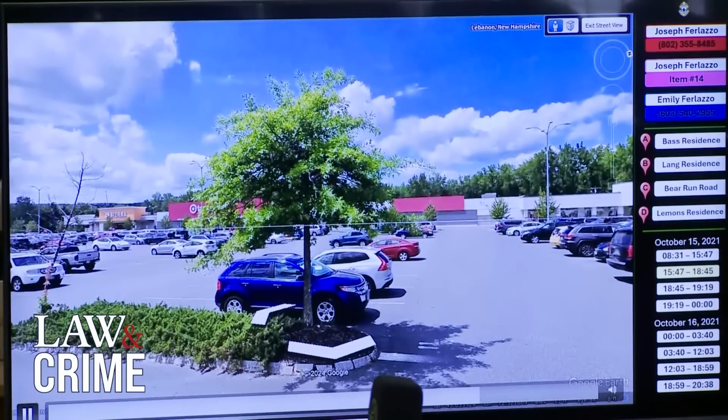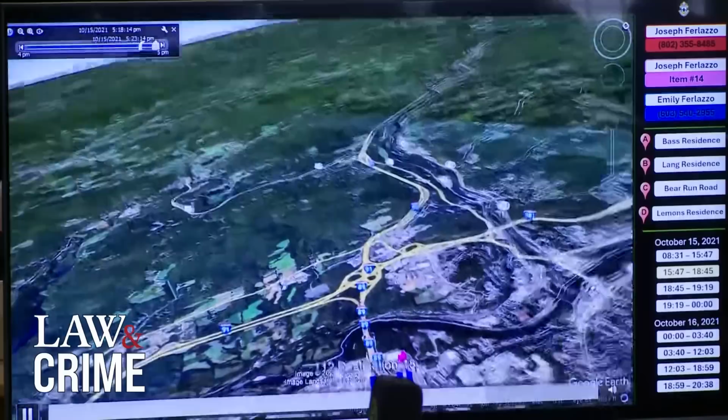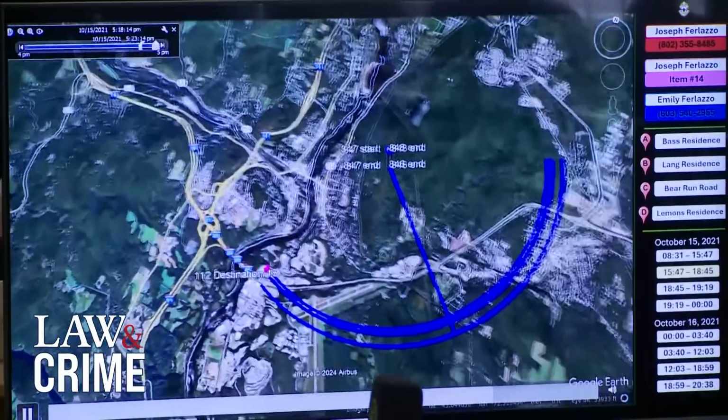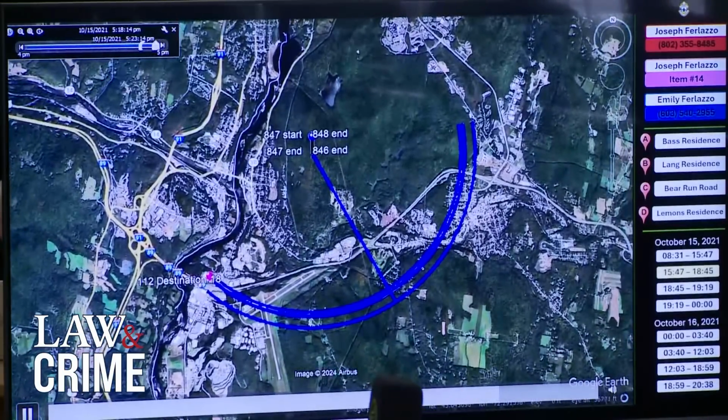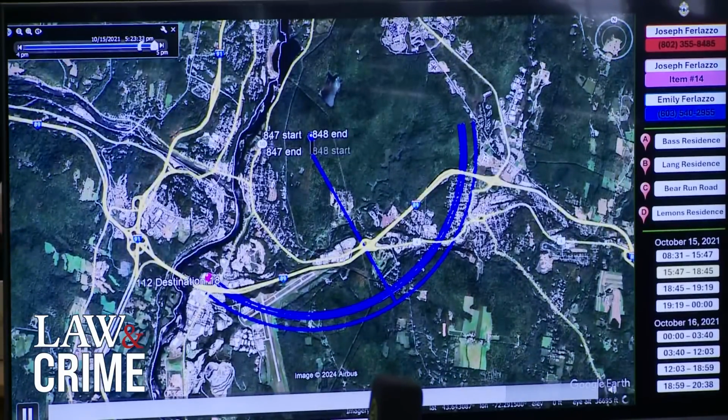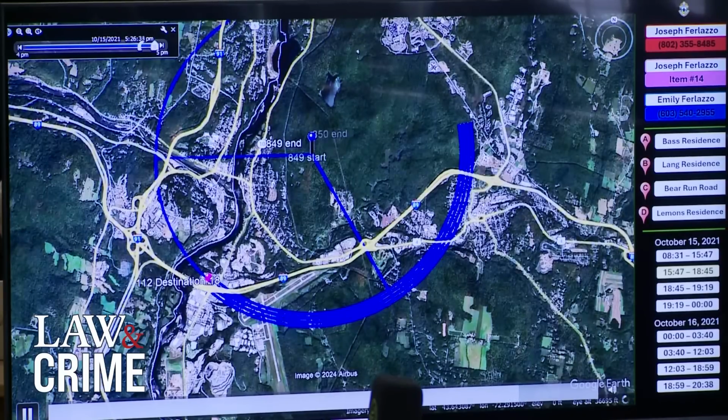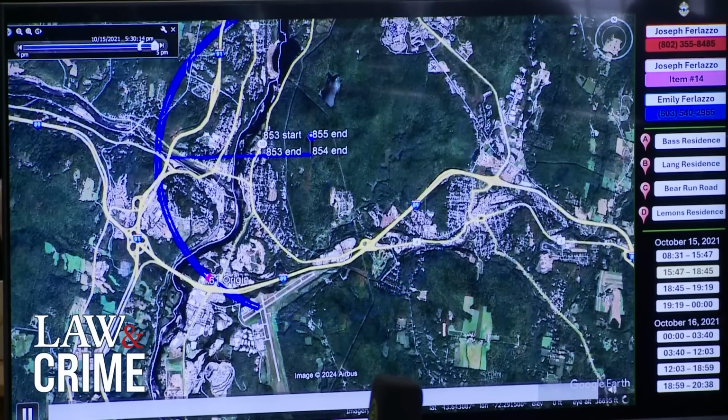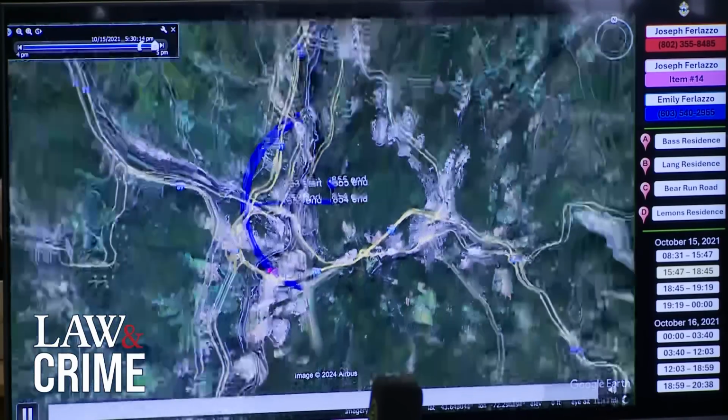There's a Target there, there was a Supercuts. So that significant location visit continued for a couple more minutes. And I could see that the distance to tower for Emily's device was still maintaining that same area. And then a trip was started on item 14.